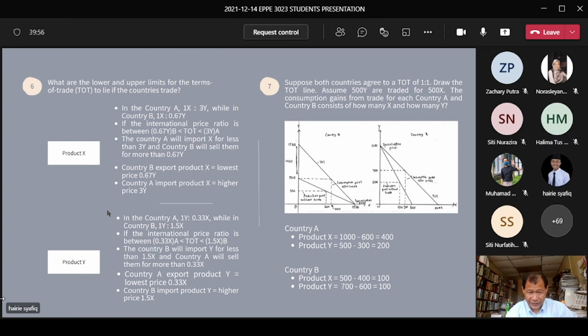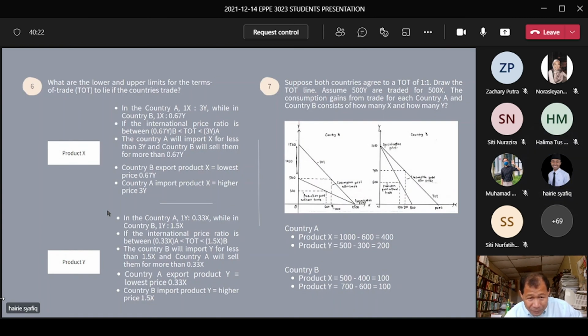The bottom line is that the PPF line, connecting X 1,000 and Y 500, of country A, that's the lower bound or lower limit.